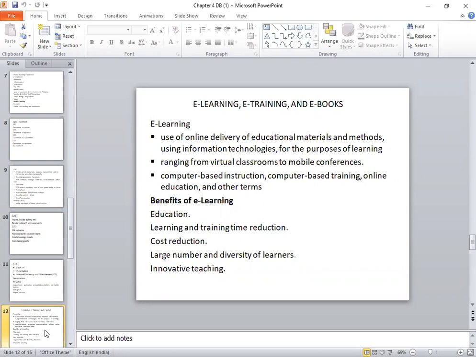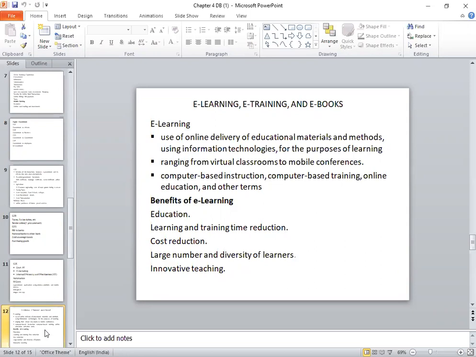The cost is definitely reduced here because everything is available on the portal. At a single click, you may get all the ready material of the particular course here. That's why the cost gets reduced in this e-learning mode.